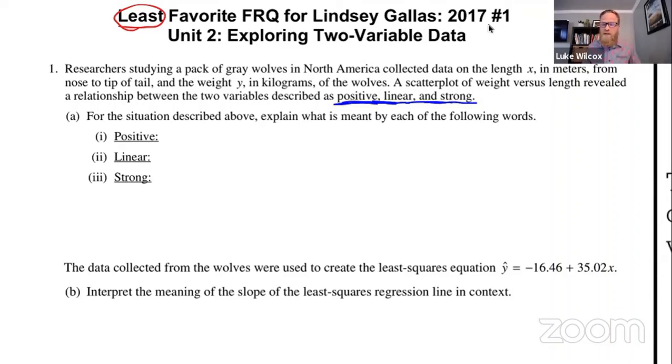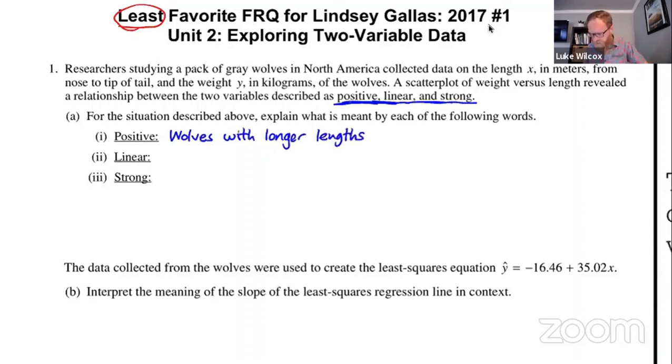What a positive relationship means is that as the X value goes up, the Y value tends to go up as well. But we want to put it in the context of the problem. So as the X value goes up, the wolves are getting longer and longer. So I'm going to say wolves with longer lengths, right?